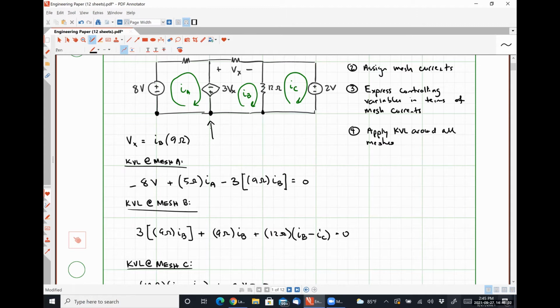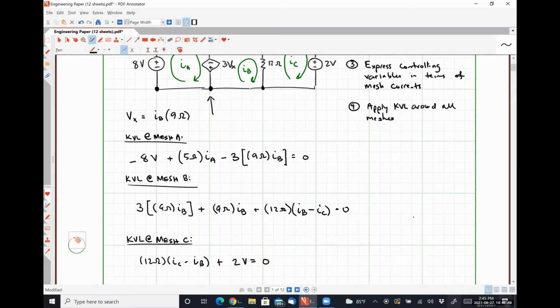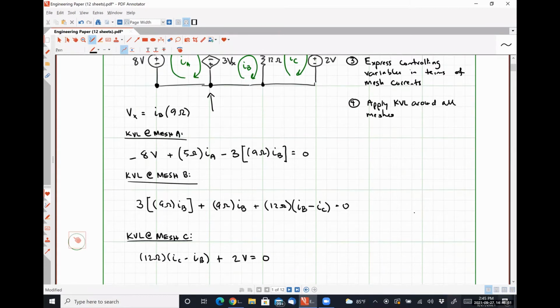Yes. Since we're only looking for current B, and mesh B and C don't use IA, can we do it as a 2 variable system of equations? Just ignore the mesh A equation. So you are saying our KVL equation for mesh B and our KVL equation for mesh C do not have any dependence on mesh current A whatsoever.